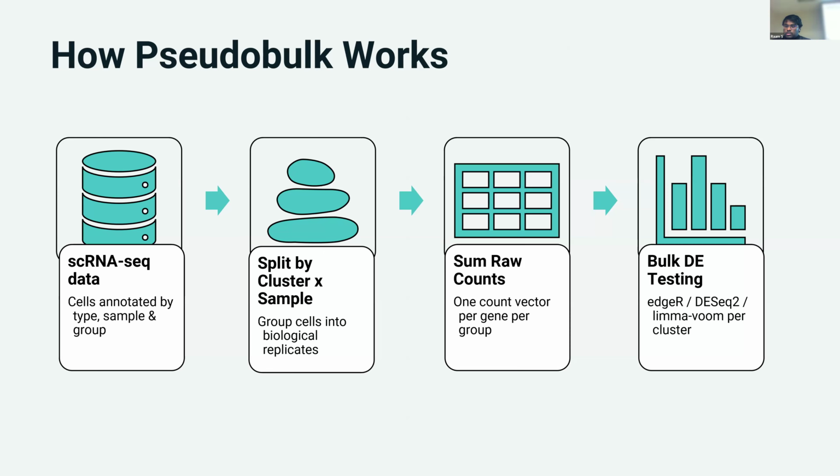And then you hand those matrices to your standard bulk differential expression tools like edgeR and RNA-seq. So by aggregating to pseudobulk, we transform a single cell problem into a more well understood bulk differential expression problem.